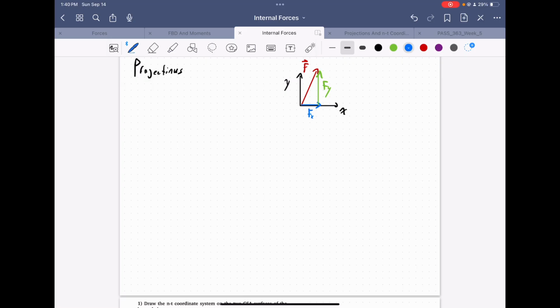Right, and we know that then F equals Fx, Fy, or we have our nice notation of Fx times i hat plus, in this case it's a plus, Fy times j hat.